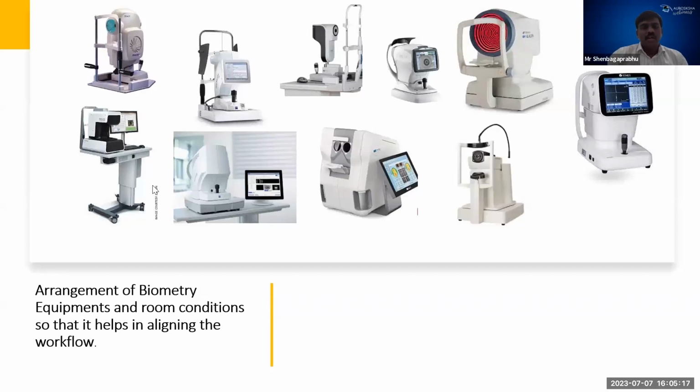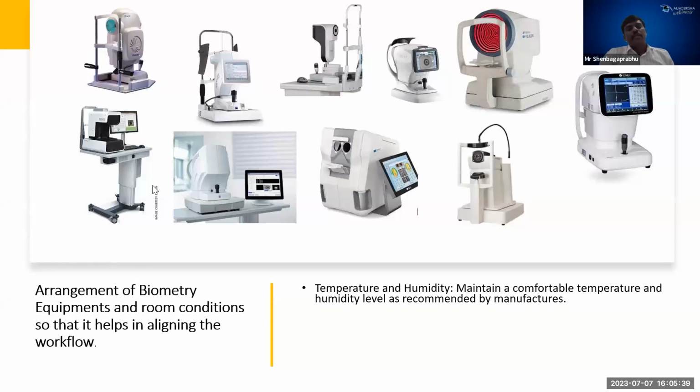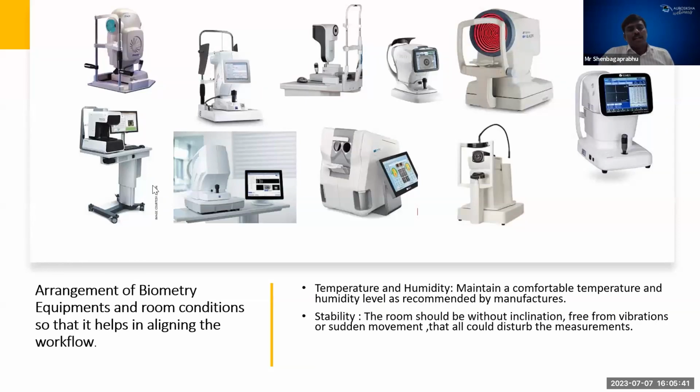The next is the optical biometer, where we get the measurements in terms of axial length, corneal curvature and various other parameters. These also need similar lighting conditions to a keratometer. In addition, we need to maintain proper temperature and humidity, and the room elevation should be properly maintained.